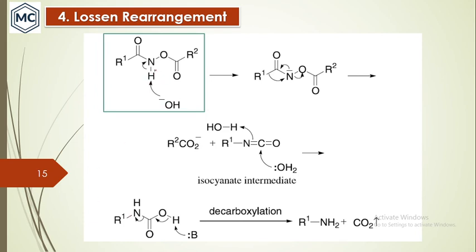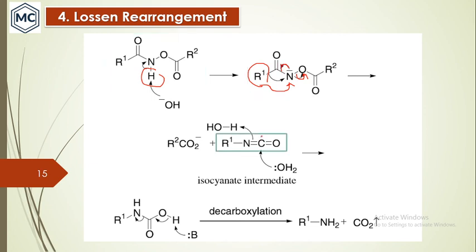In the presence of base, the hydrogen gets abstracted and the corresponding anion forms, and in every case the R group migrates towards the electron deficient nitrogen, and this X minus, RCOO minus, leaves, and this anion can form a double bond like this. That is, it forms an isocyanate, and finally hydrolysis of isocyanate takes place.